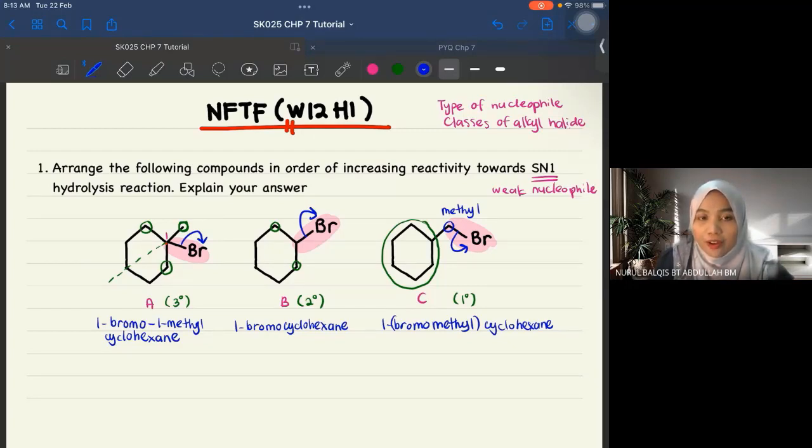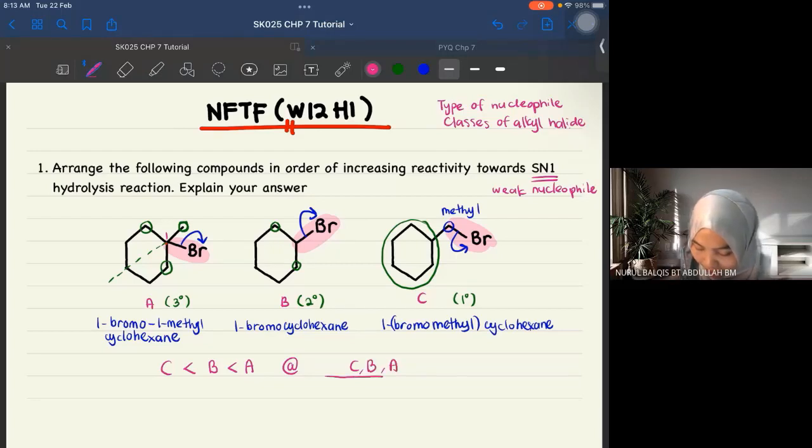Okay, bila carbocation awak lagi stabil, sebab carbocation is an electron deficient species, jadi bila dia dikelilingi oleh banyak alkyl group, dia akan jadi lagi stabil. Okay, kita boleh cakap yang A has the greatest stability, followed by B, and then followed by C. Okay, good. Okay, ataupun awak boleh buat C, B, A.